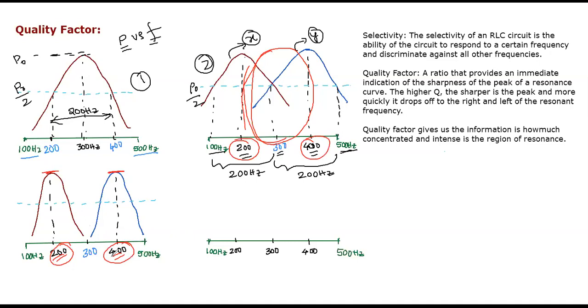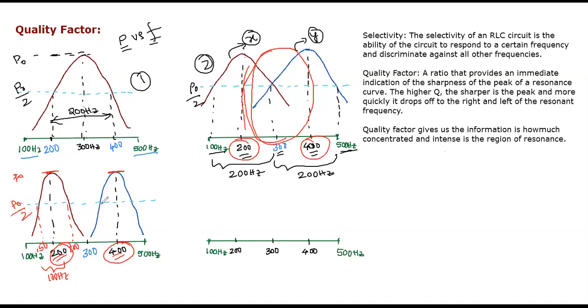But what we are doing is we are reducing the bandwidth of the signal. So this is P naught and this one is half of the power, that is P naught by 2. But in this case, this frequency is 150 hertz and let us take this frequency is 250 hertz. Now bandwidth is 250 minus 150, that is 100 hertz.